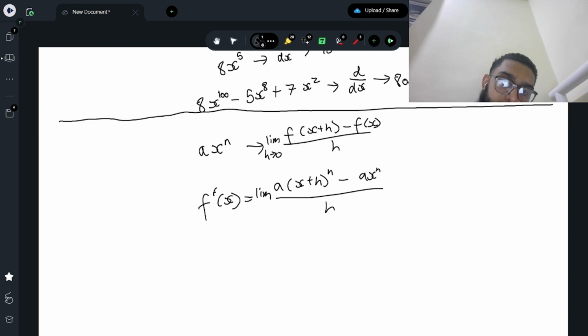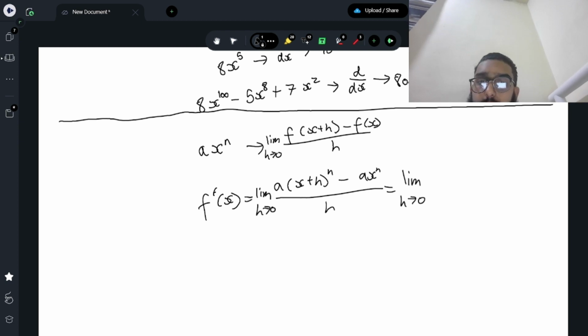Which equals the limit h approaching 0 of... Now, how do you do this generally? We use something called binomial expansion.